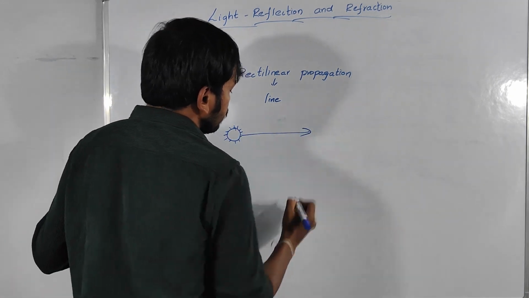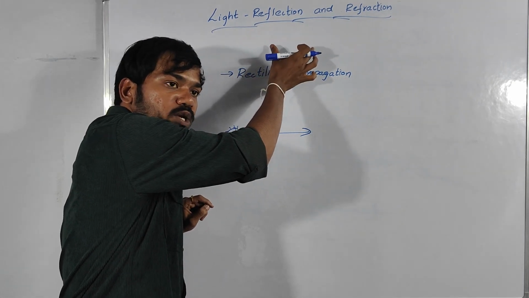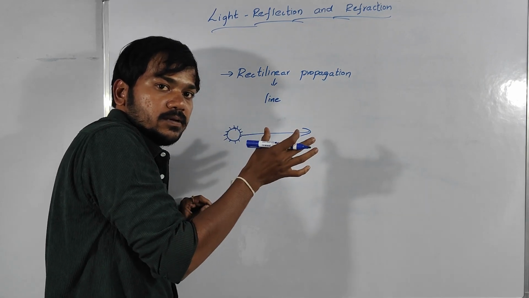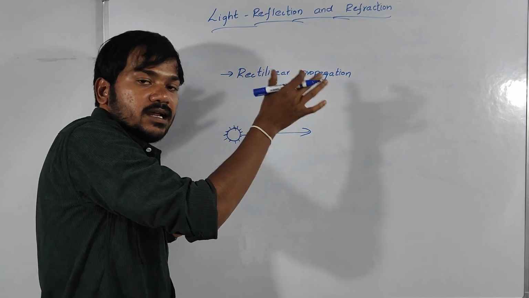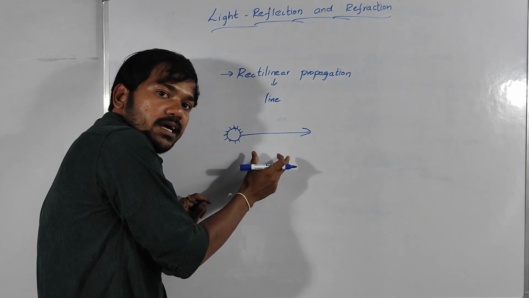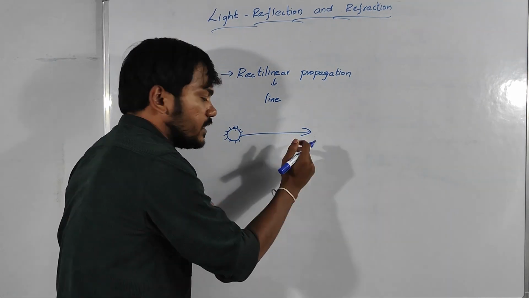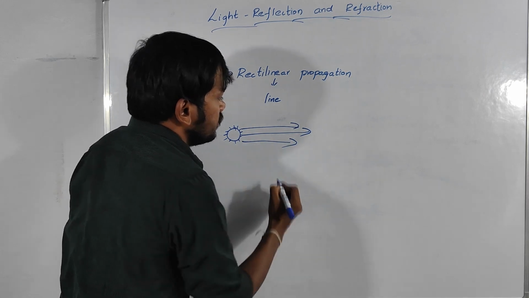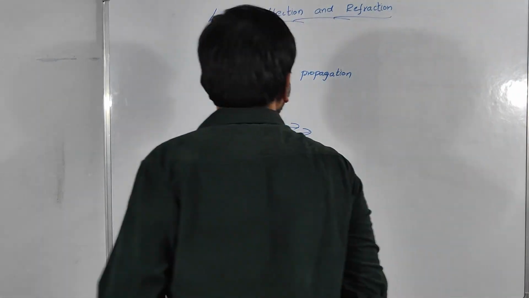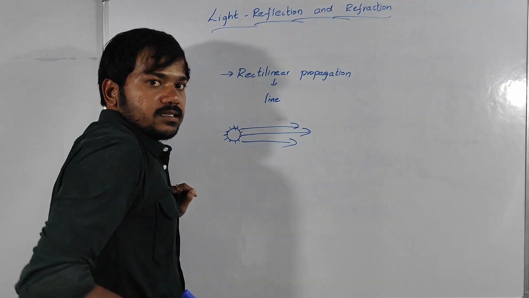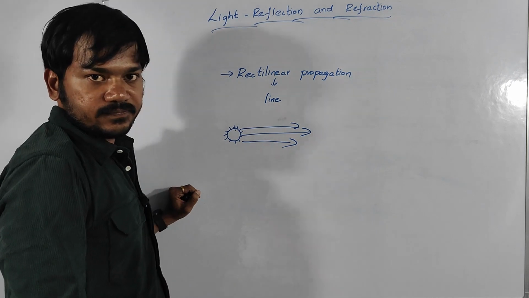In this chapter we believe the particle nature, and we conclude that light travels in the form of straight lines, which is said to be the rectilinear propagation of light.